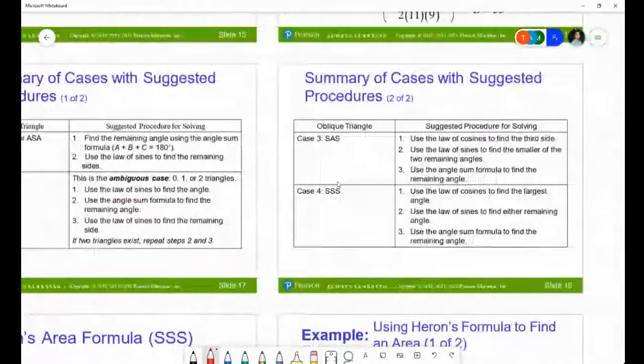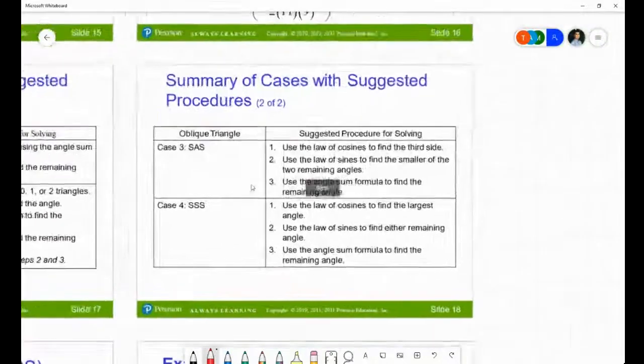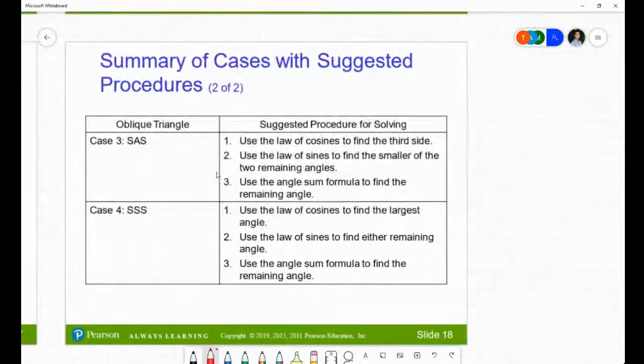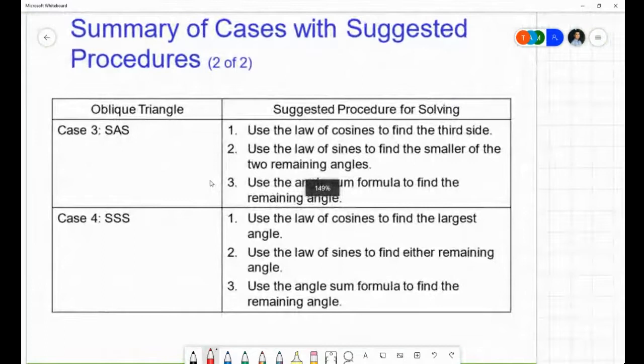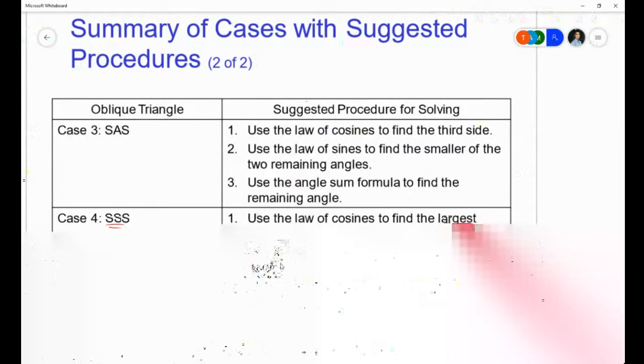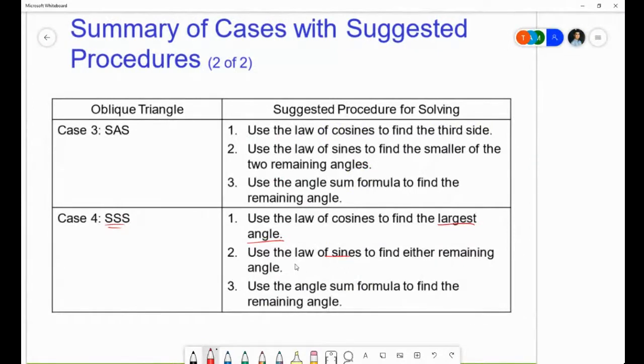If we have side-angle-side, which is what we just did, that is using the law of cosine. And then side-side-side, which is the example we did just now, we're going to use the law of cosine to find the largest angle first, and then use the law of sine to find the remaining two. And then, of course, for the third angle, you subtract from 180. Okay.